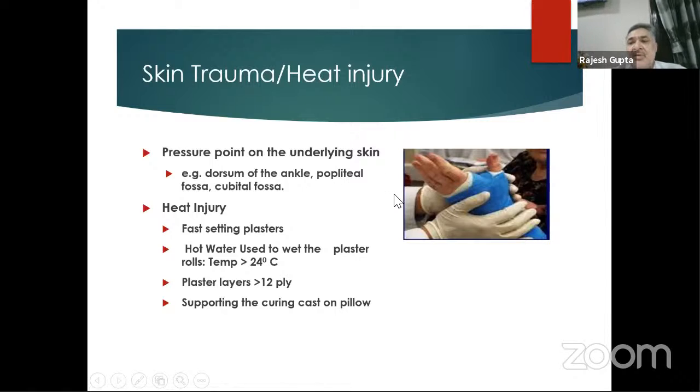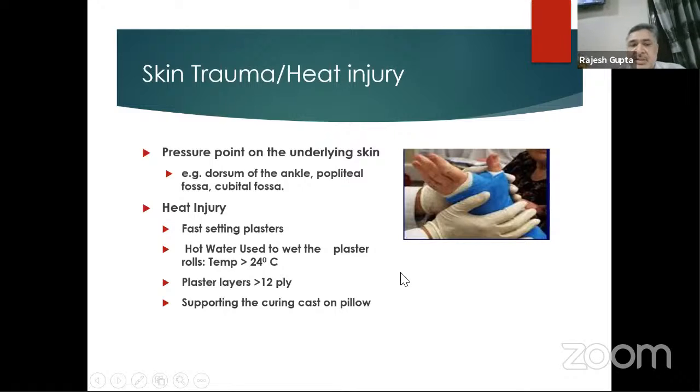You have to cover the bony prominent points, pressure points, and you have to mold it with the palm and not with the fingers, and you hold the curing plaster on your palm if required and not on the fingers. All these things will lead to pressure sources and pressure points on the underlying skin. So the most common sites are the dorsum of the ankle, popliteal fossa, and the cubital fossa. So they are the more important points.